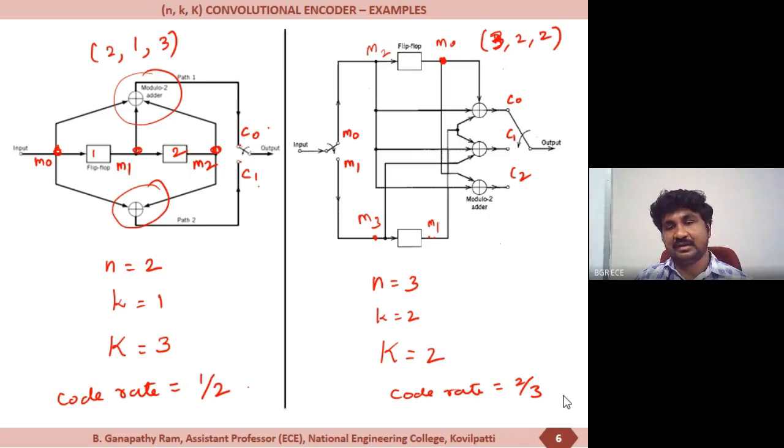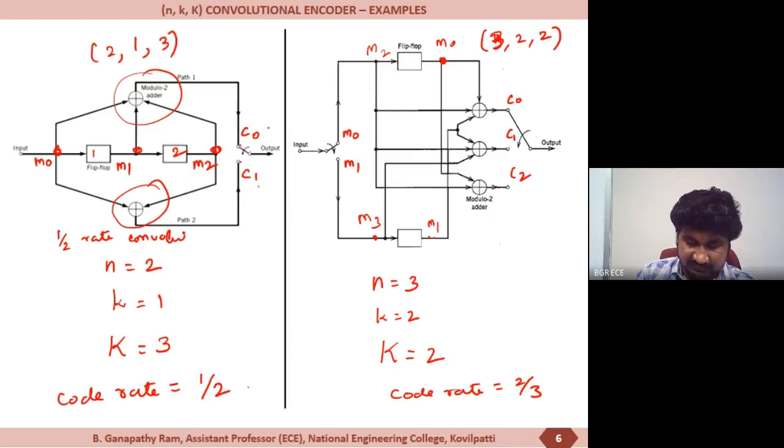And this convolutional encoder is called a 1/2 rate convolutional encoder. And here it is called a 2/3 rate convolutional encoder.